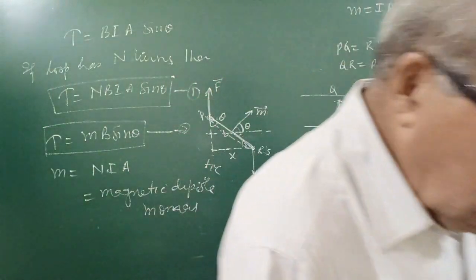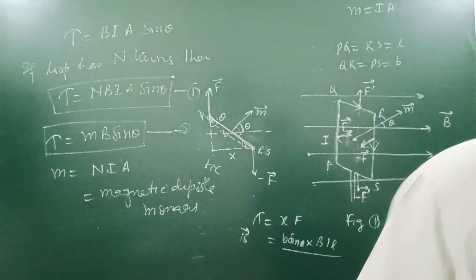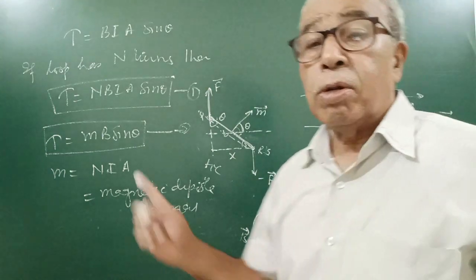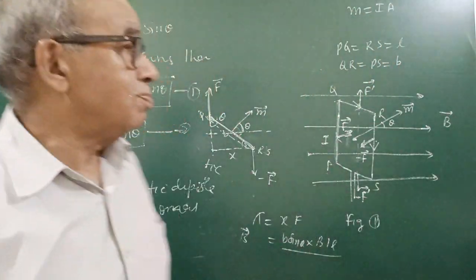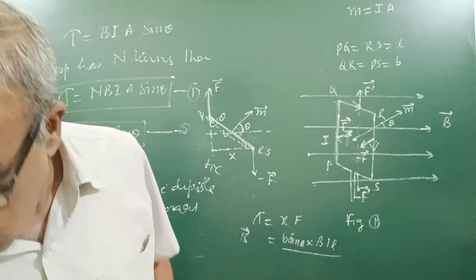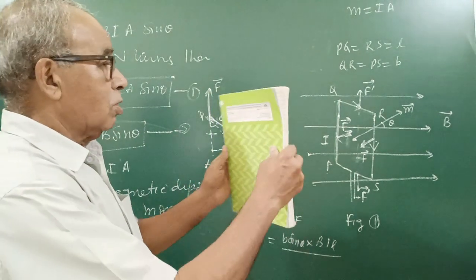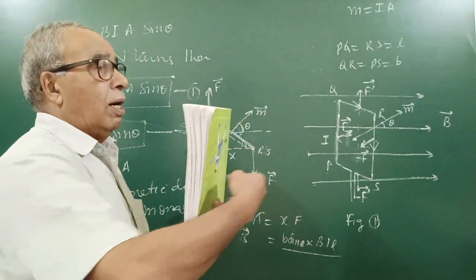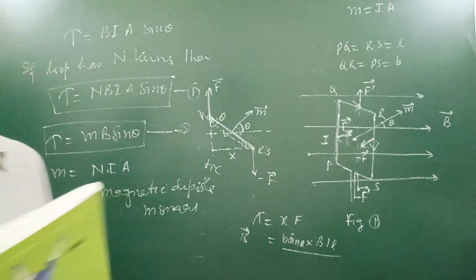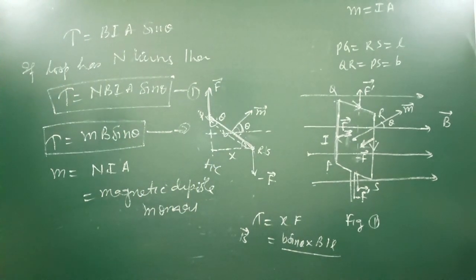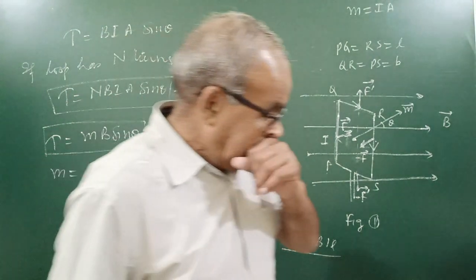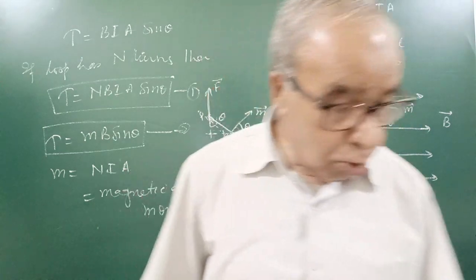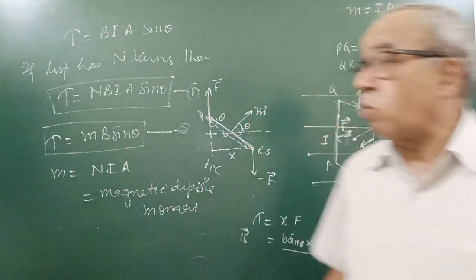So theta is the angle between M and B. Torque produces rotatory motion. So the coil starts rotating from this situation to this. M becomes parallel to B, theta becomes 0, so torque becomes 0, and then the turning effect becomes 0.